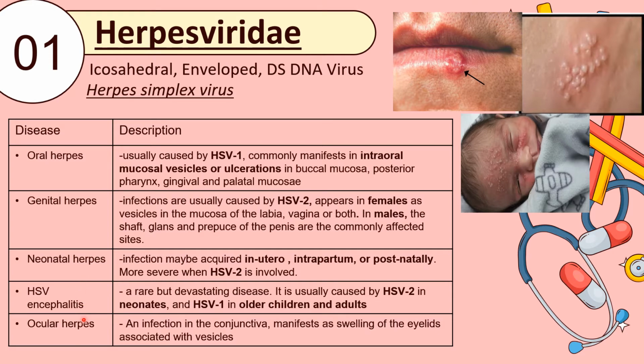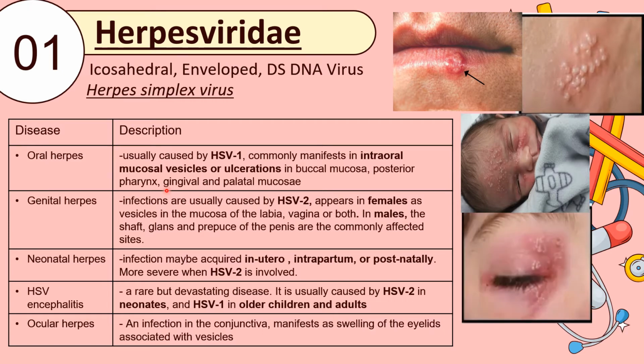This is a rare but devastating disease, usually caused by your HSV2 in neonates and caused by HSV1 in children and adults. And lastly, you have your ocular herpes. This is an infection in the conjunctiva which is manifested by the swelling of the eyelids with vesicles or ulcers.